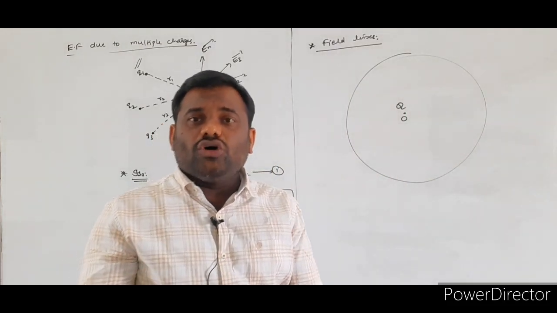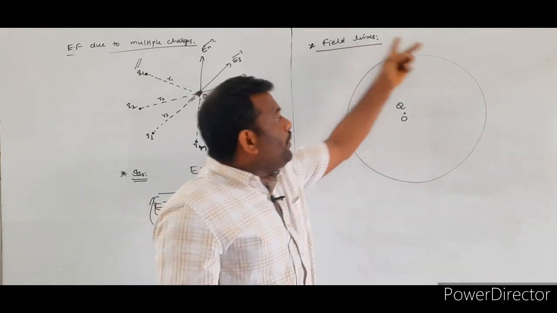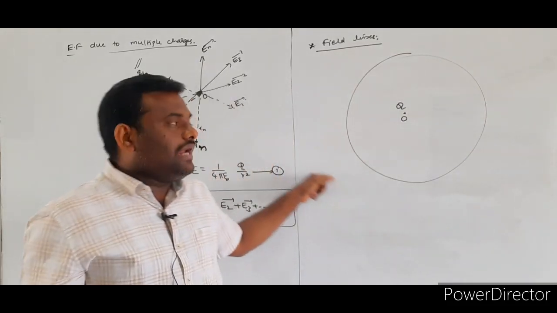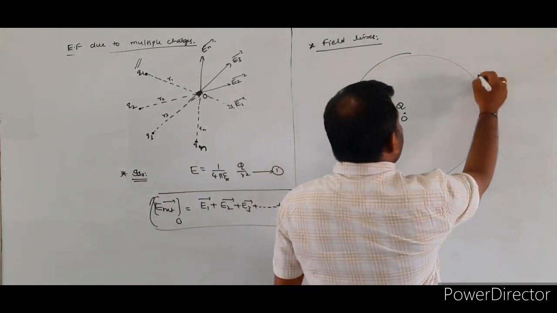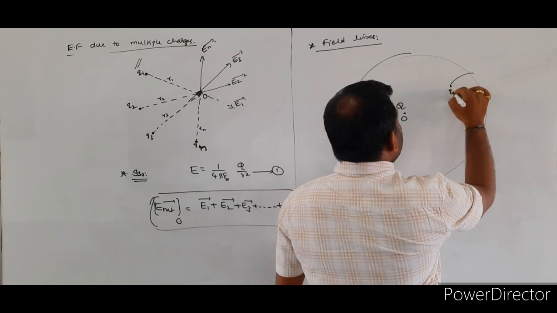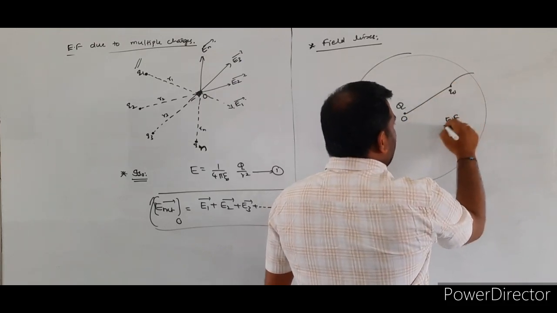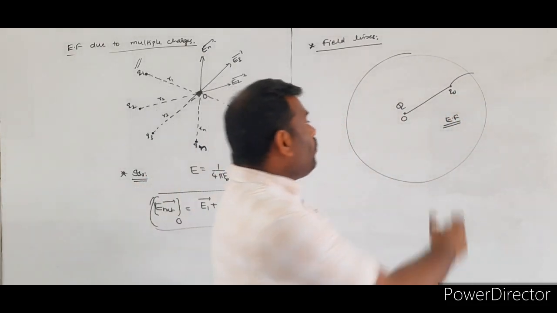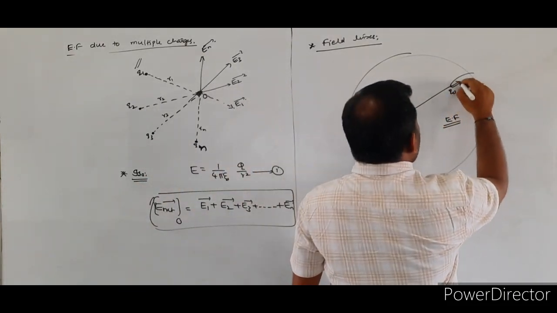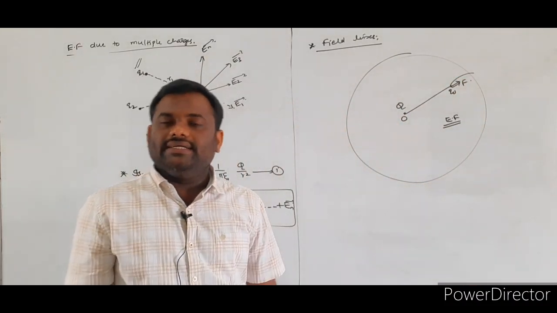This capital Q amount of charge will be producing the electric field around that particular charge. Now, whenever another charged particle enters into this region or into this electric field, over this charged particle, some electrostatic force will be acting.